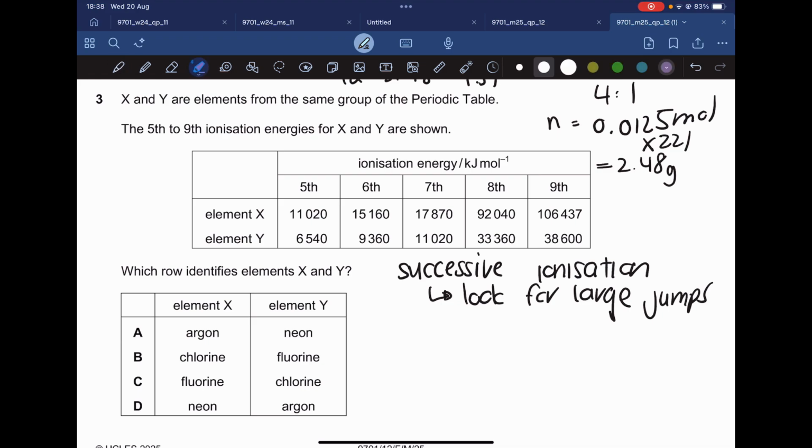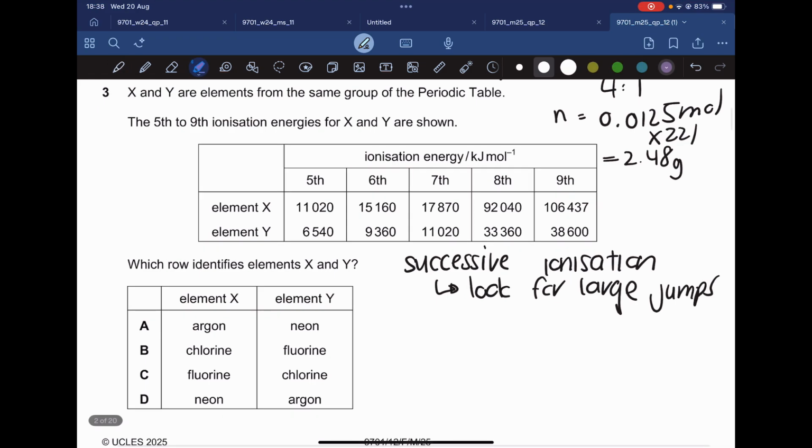The large jump that we can see here is between the 7th and the 8th one for X, and for Y we're also looking at the 7th and the 8th one. So that means we're looking at both of them being in group 7.